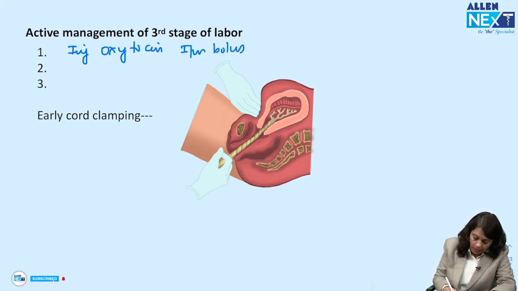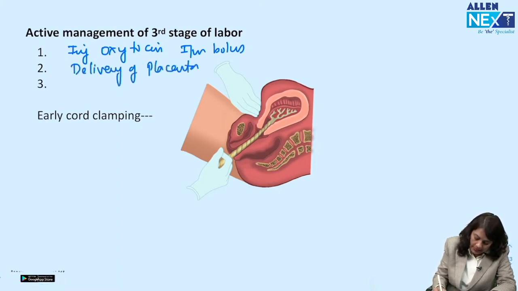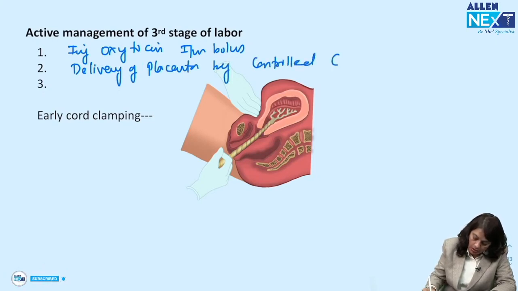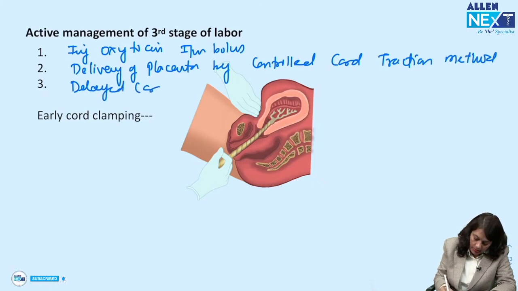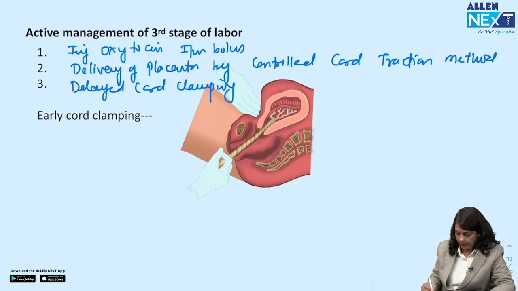Number 2, you have to do the delivery of placenta by controlled cord traction method. Number 3, there is delayed cord clamping which is done.